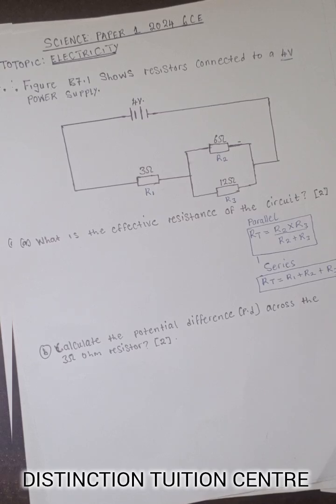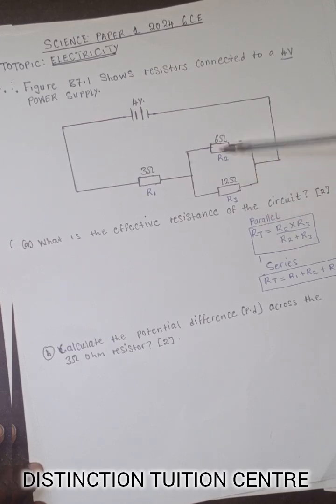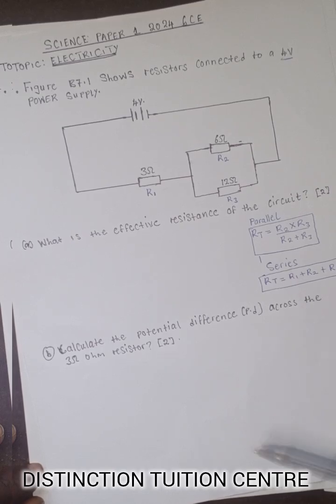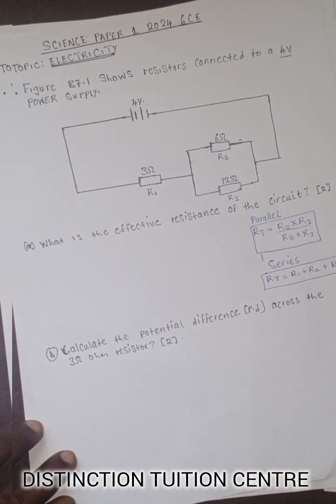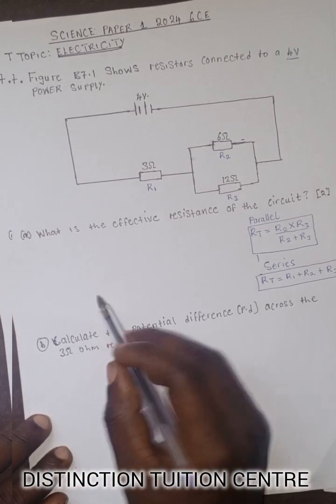Now let us look at how our resistors are connected. These ones are in parallel, and this and these are in series. So we're going to combine the formula for the parallel and the series to calculate the effective resistance.